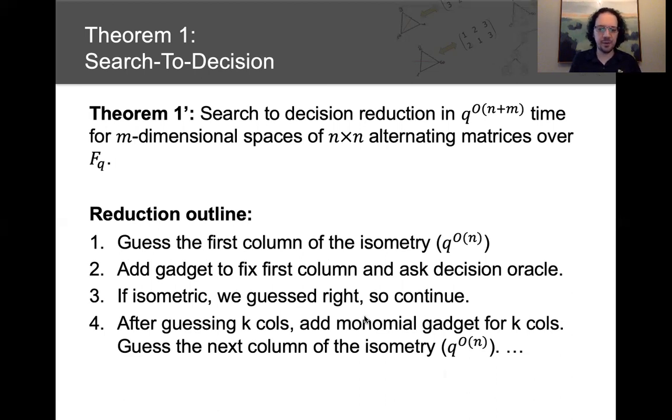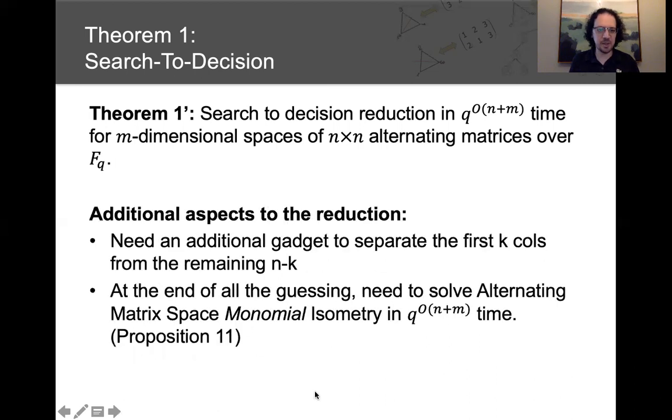Now, there are a few additional ingredients that go into this. One is, in addition to the monomial gadget on the first k columns, we need an additional gadget to separate the first k columns from the remaining n minus k. Because without that, we don't know if an isometry could mix those up, even though within the first k it's restricted to be monomial.